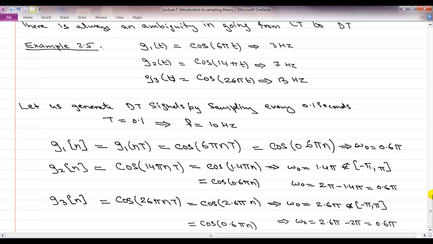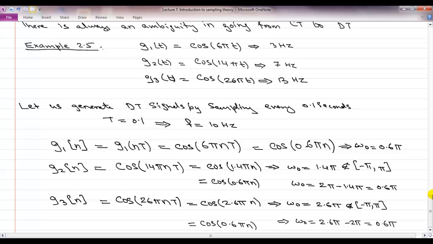So if someone were to show me the samples alone, I have no way of knowing whether I started with a 3 hertz sinusoid, a 7 hertz sinusoid, or a 13 hertz sinusoid.